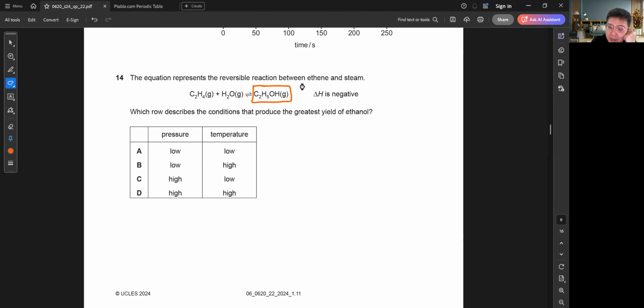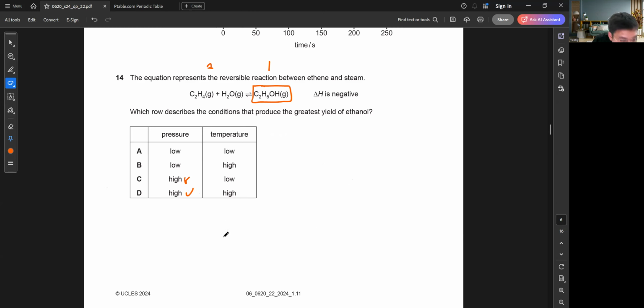We want the yield of the right-hand side to be the highest. On the left-hand side, there's 2 moles. On the right-hand side, there's 1 mole. So for pressure, if we want it to be on the side with fewer moles, we need a higher pressure. So it's either C or D.